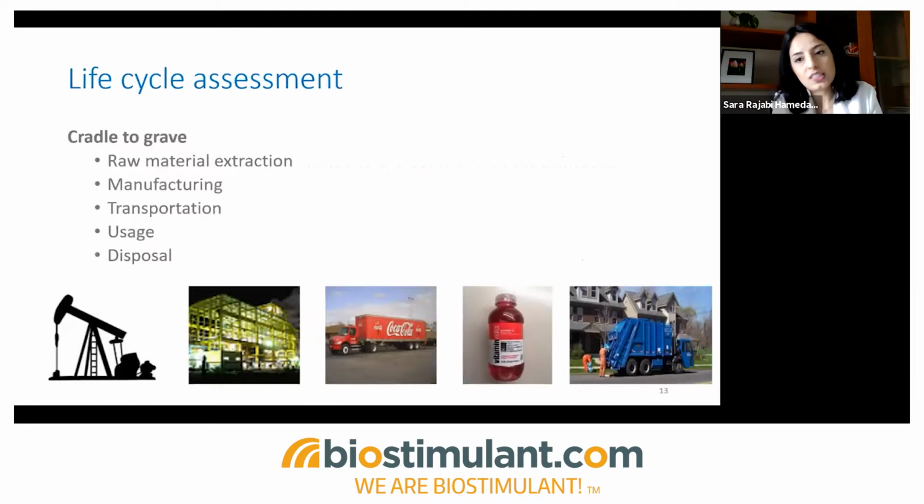A full understanding of the environmental impacts of products requires an exploration and assessment of everything that goes into the development, use, and disposition of those products.